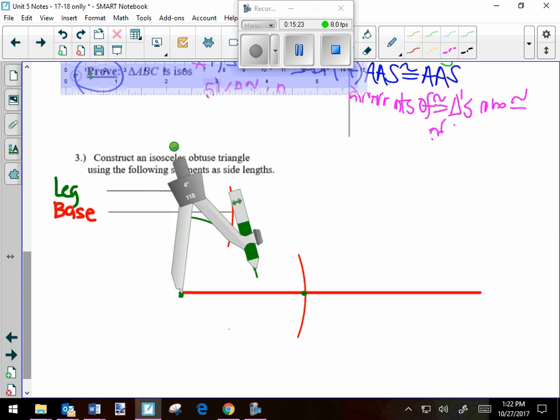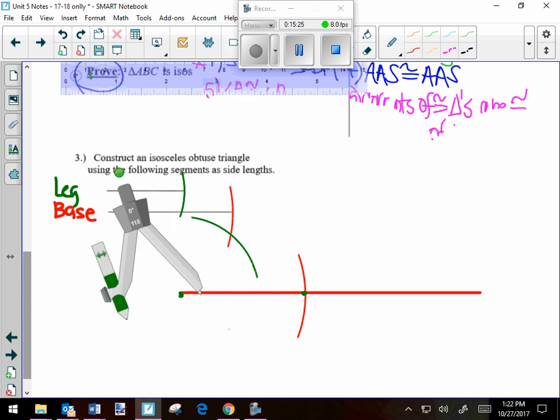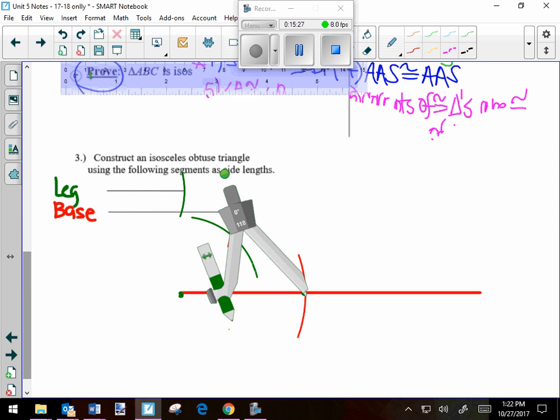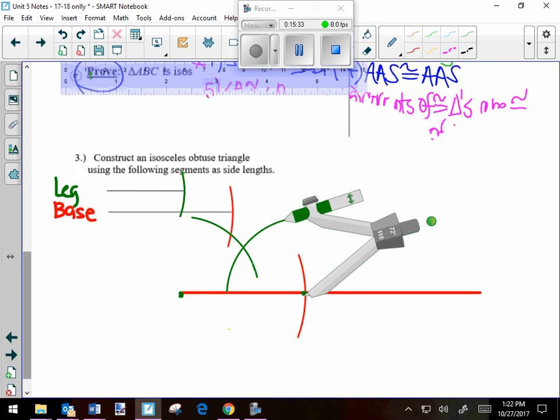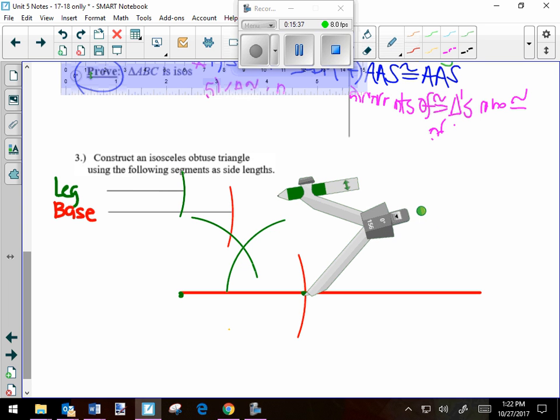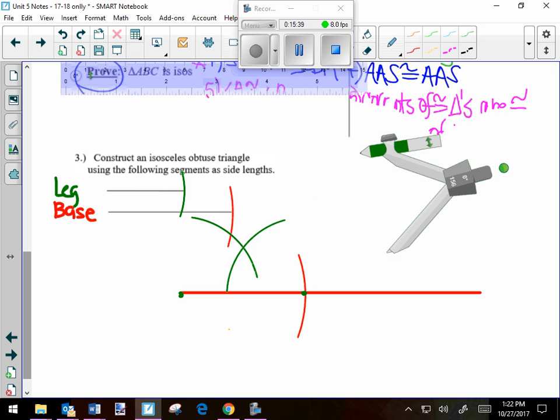And then I'm going to flip it to the other side, put this here, and make an arc here. So now this point of intersection that I have here tells me where the two legs of this isosceles triangle are going to go.